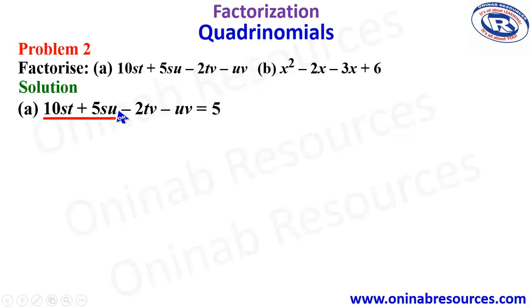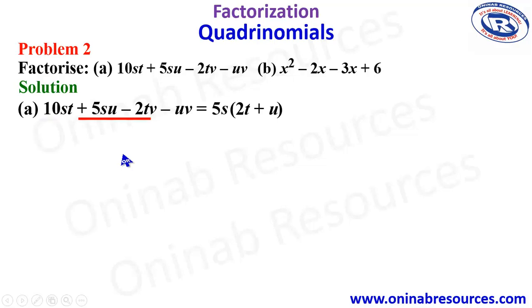Then st and su, we have s there, so we have 5s. We open bracket, 10st divided by 5s, we are going to have 2t. Then 5su divided by 5s will be left with plus u. We then close the bracket. We are done with the first two terms.